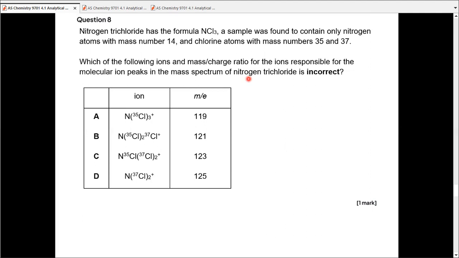Oh, okay. 21. Option D. Why? 37 into 2 gives us 74, and then 74 plus 14 gives us 88.